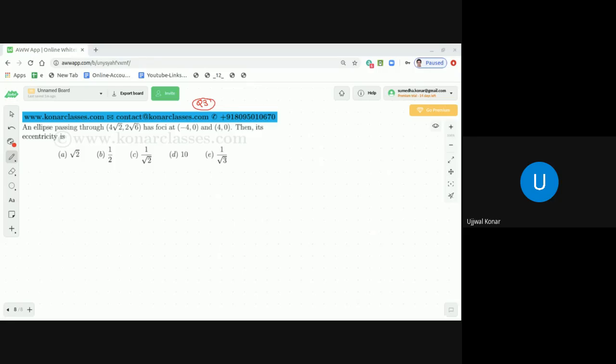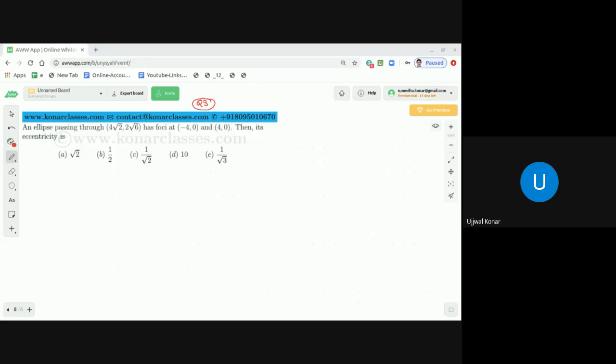I'm not going to draw any diagram to solve this question. Why? Because your understanding of the fundamentals of the ellipse should be so clear that you can just write it down. If you notice, the y coordinate of the foci is 0.